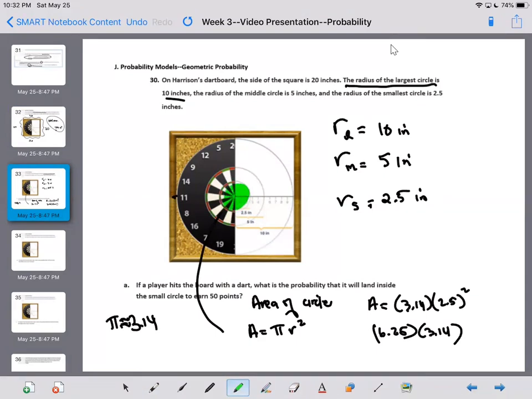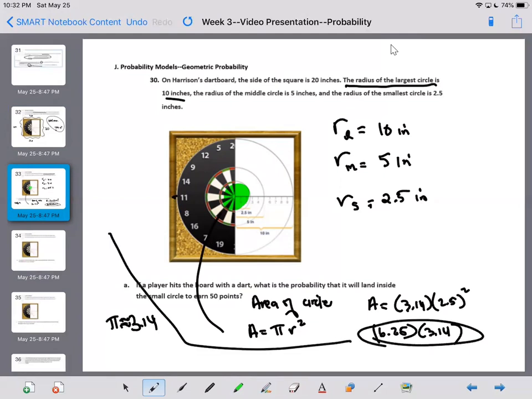So the probability of it landing in there would be 3.14 times 6.25, which is 19.625, out of 400. The probability of that happening is about a 5% chance, approximately.